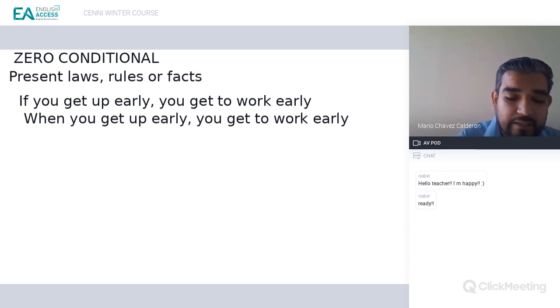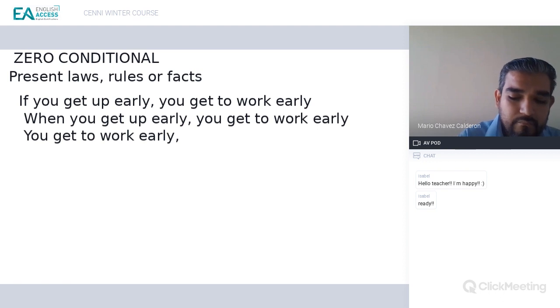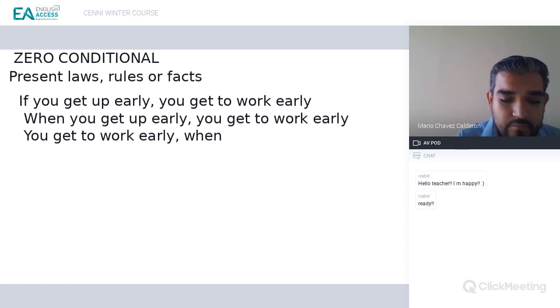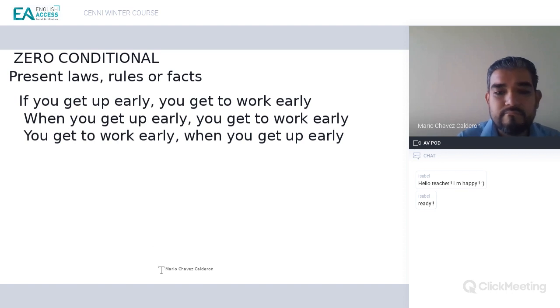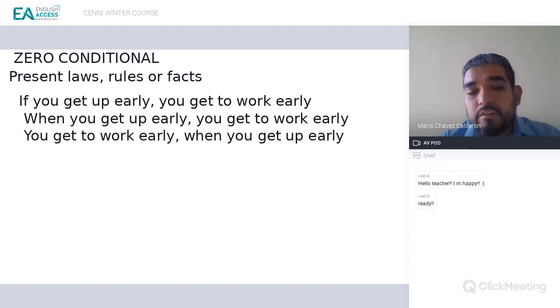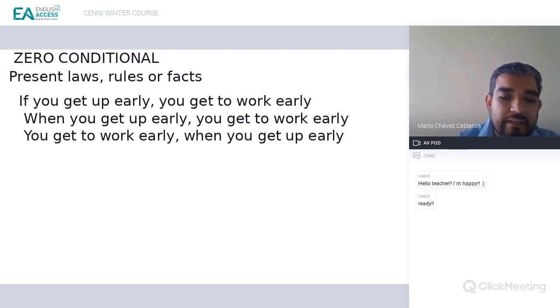We can say, you get to work early when you get up early. We can say you get to work early if you get up early. And we can say many other things, like if you get up late, you get to work late. When you get up late, you get to work late.